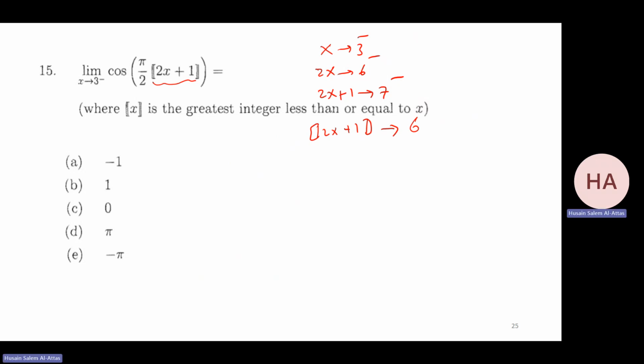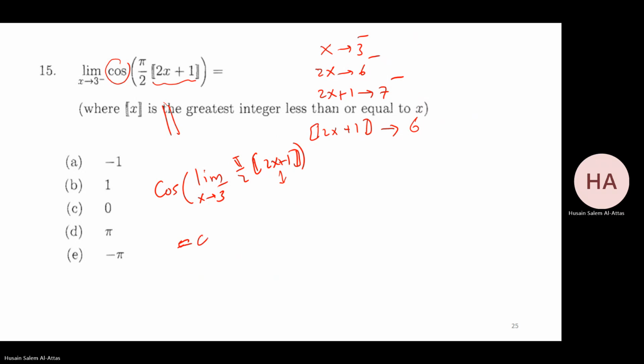So plug it there. Cosine is a continuous function, so this will be cosine of the limit. This goes to 3 from left, pi over 2 of this one, and this, we know, is going to 6. So that will be cosine of 6 pi over 2, which is cosine 3 pi, which is minus 1, which is similar to cosine pi.